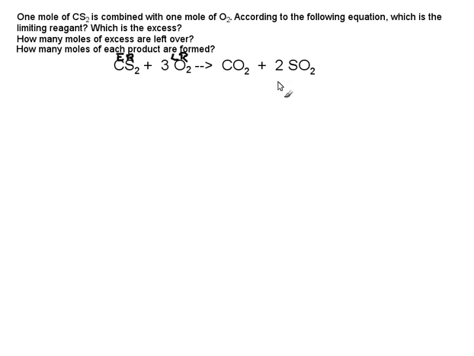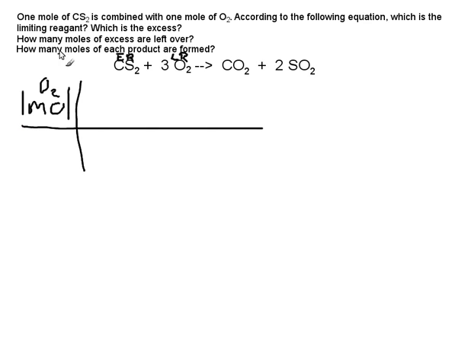Alright, now what we're going to do here, remember that when I said earlier that you're always going to start out with a quantity of your limiting reagent. So it's going to be 1 mole of O2. Now we're going to find the moles for each product. We figured out the moles of CO2 in the beginning, and I do believe it was 0.333 moles. But we can go over that again really fast, because remember that you have 1 mole of O2, then you're going to go down to 3 moles of O2.